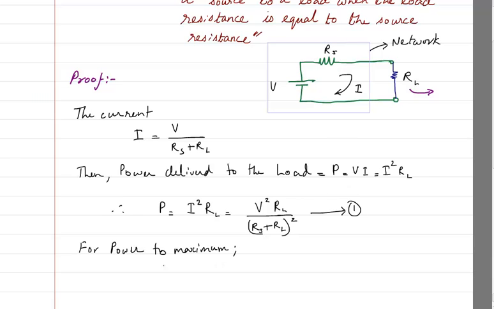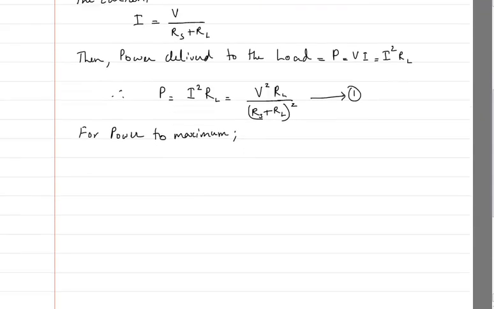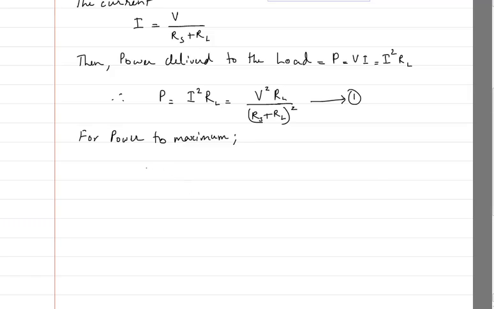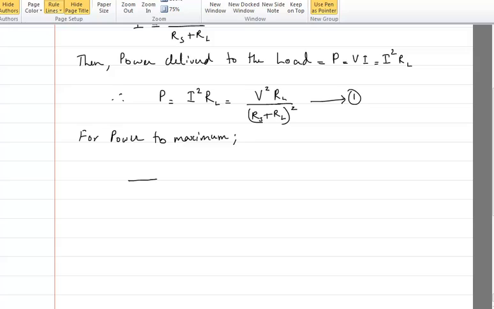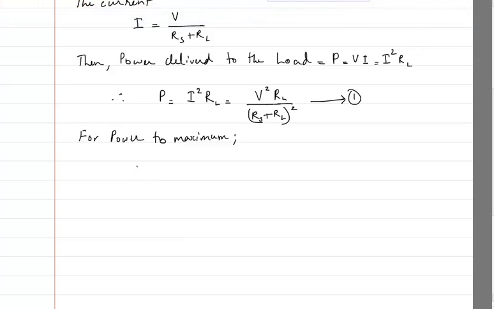If we want to find the maximum power for changing RL, then you all know mathematically the formula: for maximum, dP by dRL should be equal to 0.